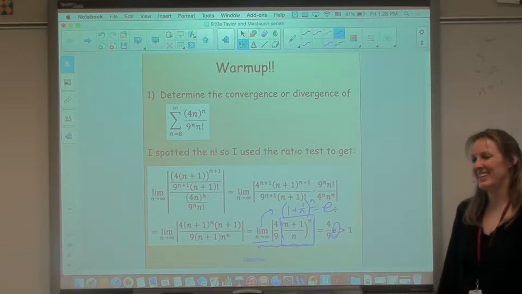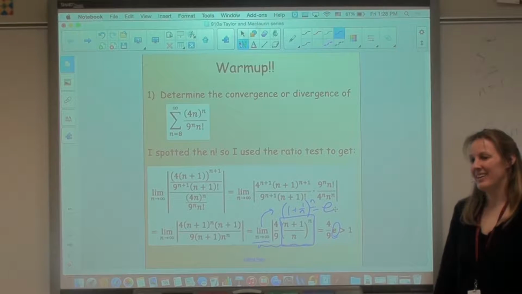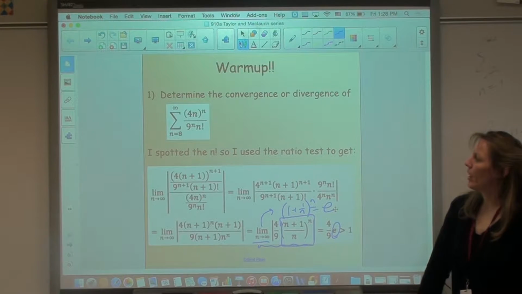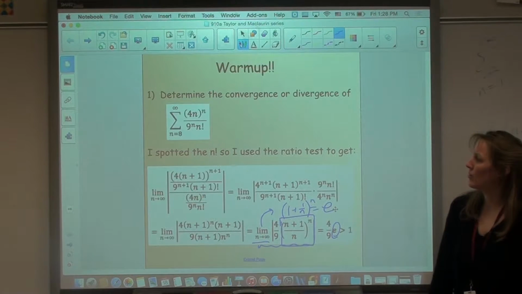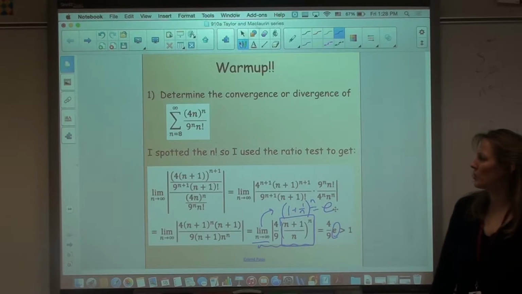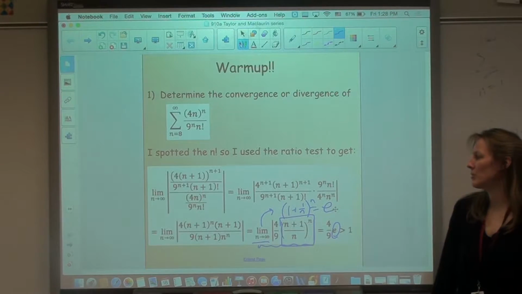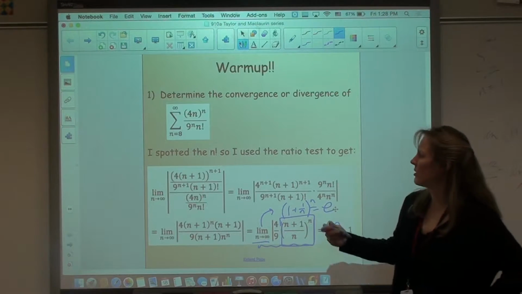I did the root test. Is it okay to do that, or is that one not? Of course, yeah. Let's see, so you got 4n over 9 times the square root of n factorial, and you are taking the limit as n approaches infinity. Did you get a limit of like 0?